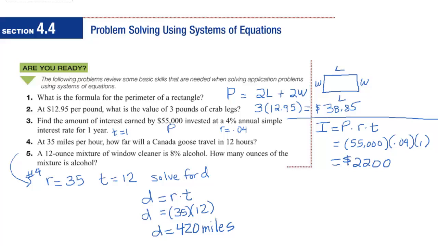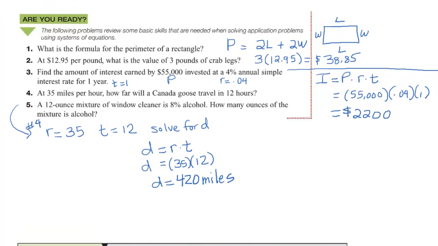Number 5 says a 12-ounce mixture of window cleaner is 8% alcohol. How many ounces of the mixture is alcohol? So this window cleaner has 12 ounces total, but 8% of that is alcohol. So to find how many ounces is alcohol, you're going to find 8% of 12.